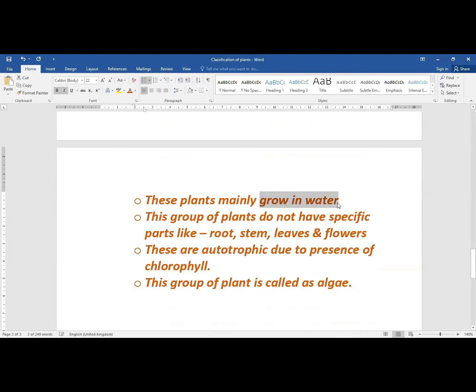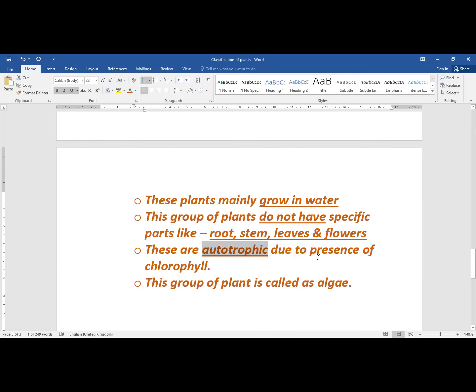Mainly grow in water. Let's underline this part. Plants do not have root, stem, leaves and flowers, but still are autotrophic due to what?